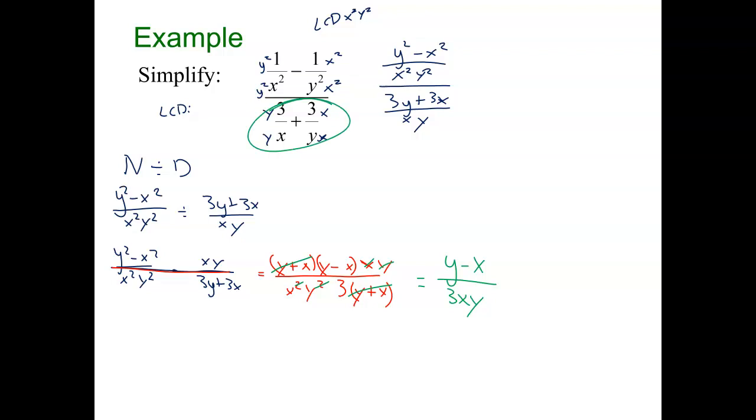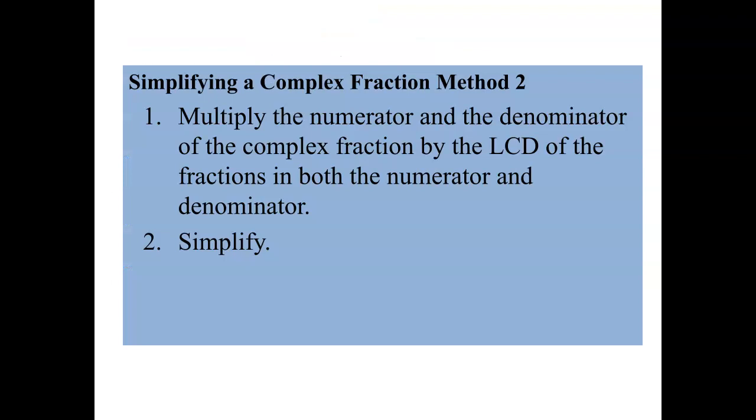Instead of finding the least common denominator for the numerator, simplifying the numerator, then finding the least common denominator for the denominator, simplifying the denominator, and then going through the whole process of multiplication and division, what we can do is find the LCD of all of the fractions in our expression and multiply everything by that least common denominator so that it cancels out our fractions and leaves us with a single fraction that's not complex.